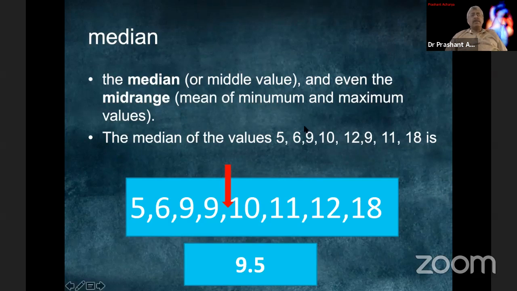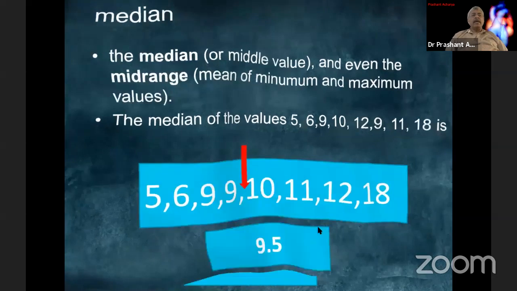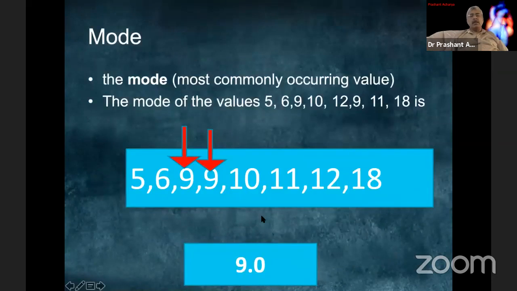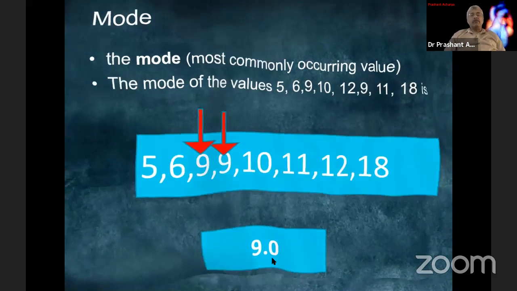The median is the middle value of the entire set from the first to the last. The median value is 9.5, and mode is the most commonly occurring value, that is 9 here. So it is 9, 9.5, 10. That does not mean that mean, mode, and median are going to give you the same figure. They are all different and have their own different kind of value in statistics.